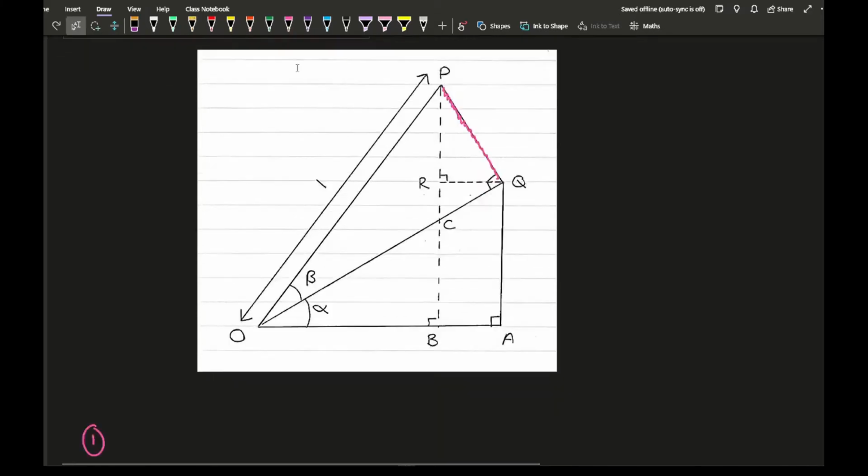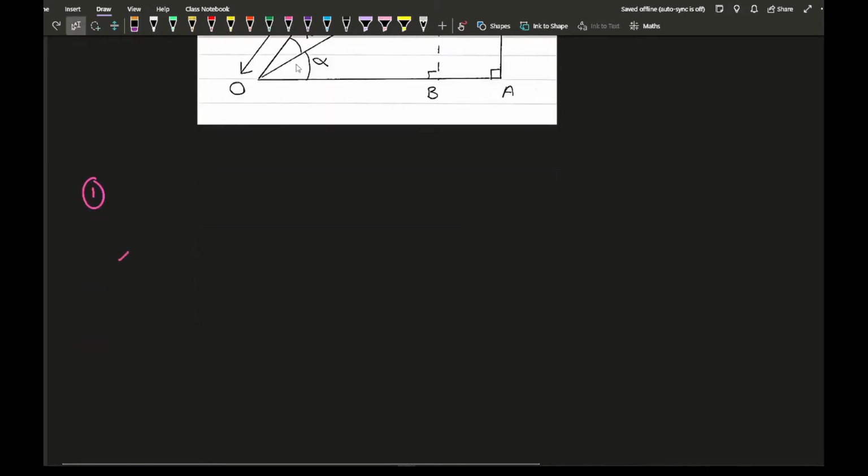Now if I take that triangle out, and draw a smaller triangle, this here is beta, this is 1, and the triangle we're looking at is O, P and Q. And this is what I'm trying to find.